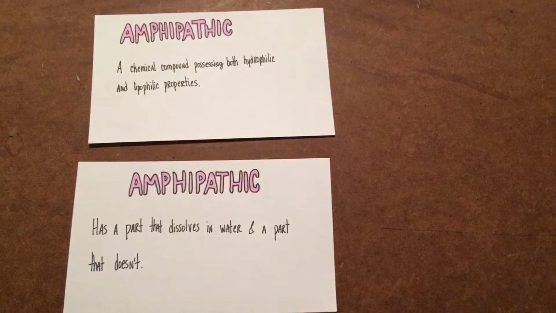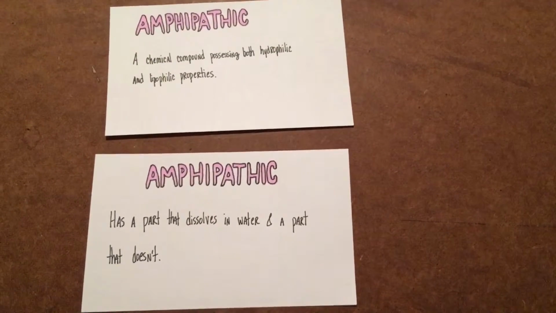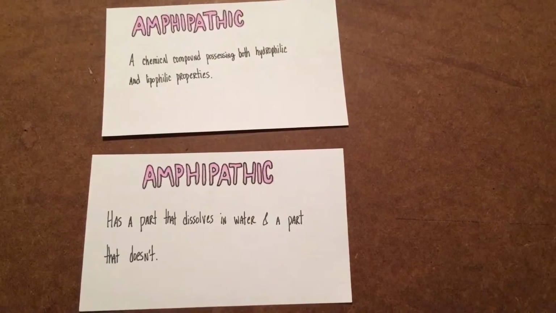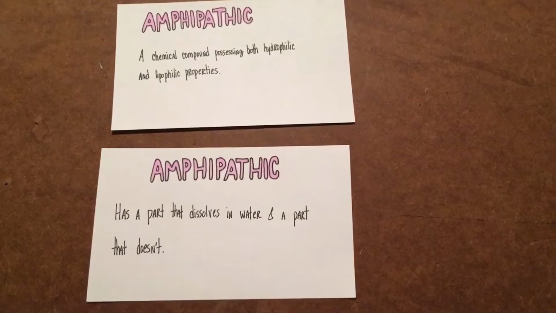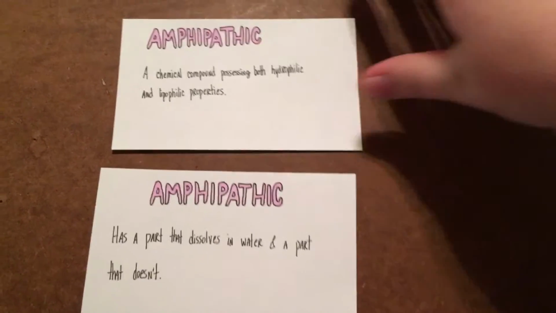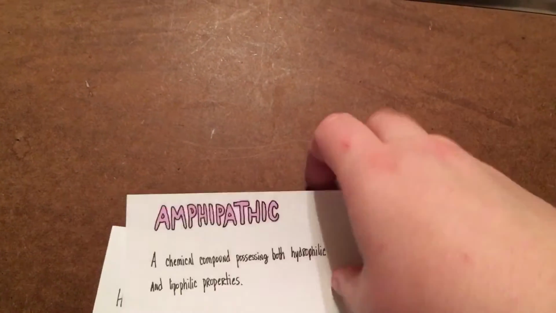Part of it will love being in the water and be like, yay! And the other part of it will see the water and be like, no! So that's amphipathic. There are a lot of things we'll be talking about that are amphipathic, but we'll try to define them not using that word, or just remember what the word really means.